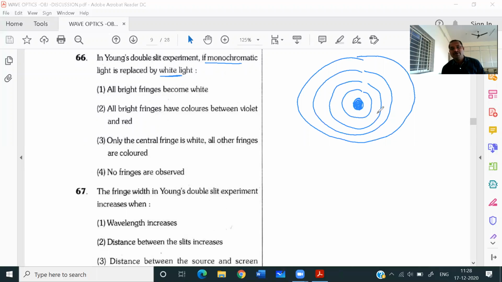Do you remember all these points? See here, option 3: only the central fringe is white, all the other fringes are colored. This is the answer for 66.